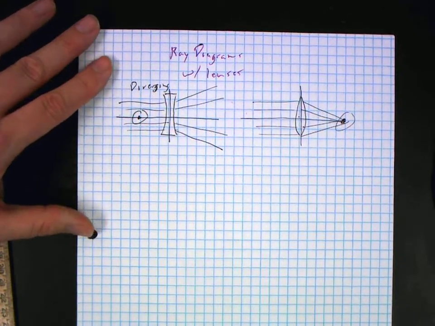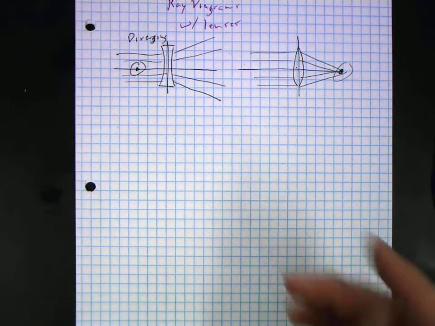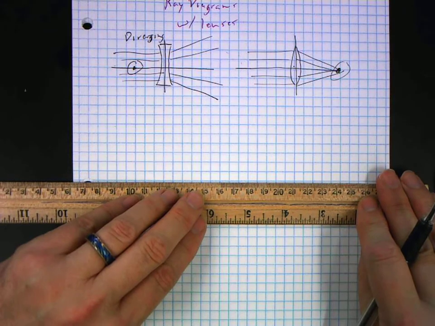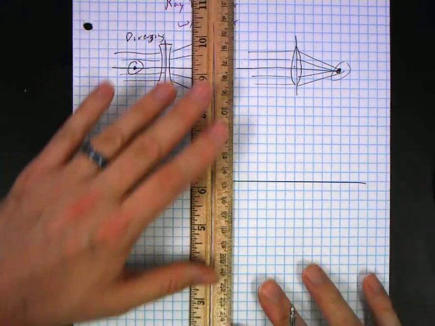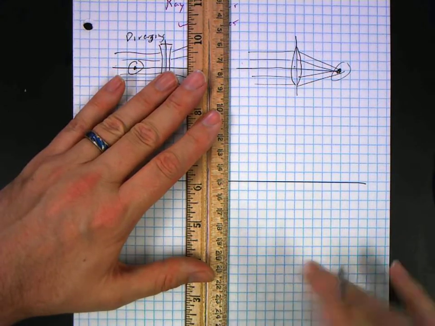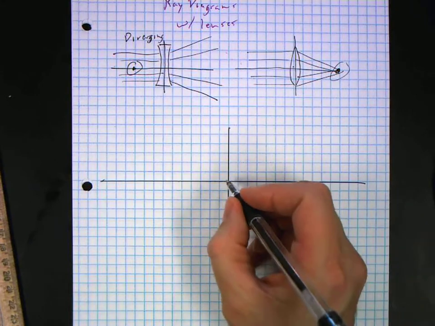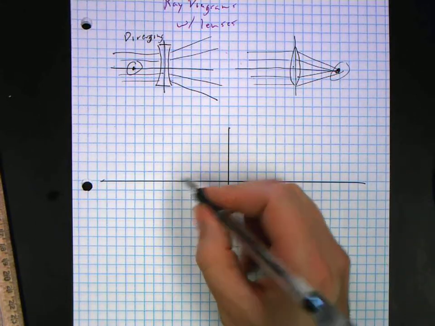Personally, I always start my diagrams, and I'm going to use a ruler this time, with a nice, simple geometric shape, something that's nice and symmetrical. So my lens is here in the middle. This is my primary axis. I'm going to count 6 boxes: 1, 2, 3, 4, 5, 6.